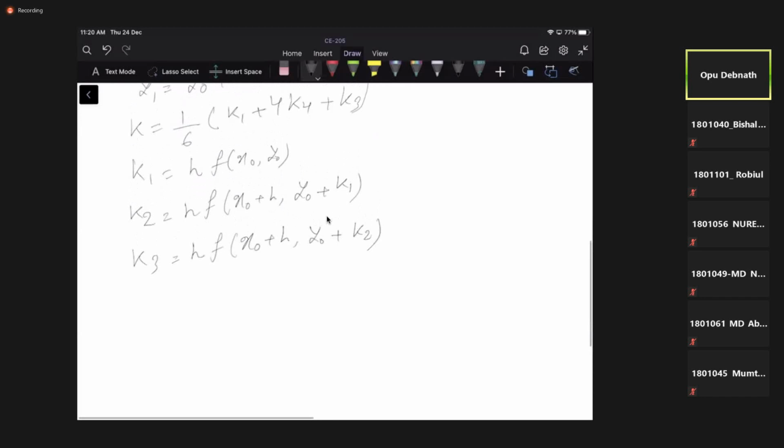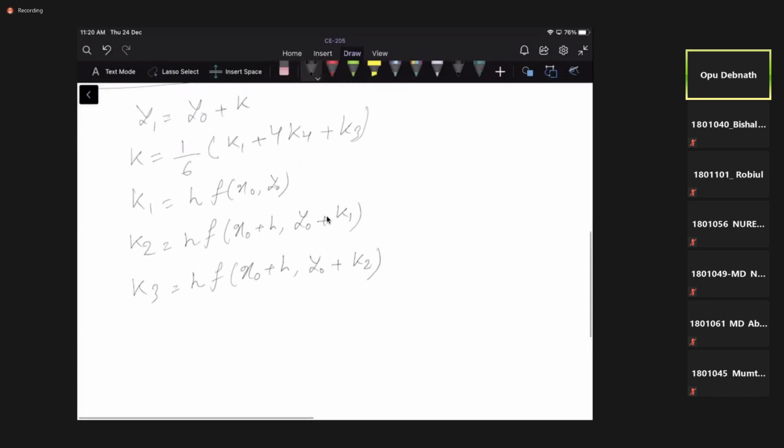So you need to follow the steps sequentially. That means at first you should start from k1. You can calculate k1, then you will go for k2. When you come to k2, you need the value of k1. That means this value will be used in calculating k2. Again, when you go for k3, you need the value of k2, and this will come from the previous step.